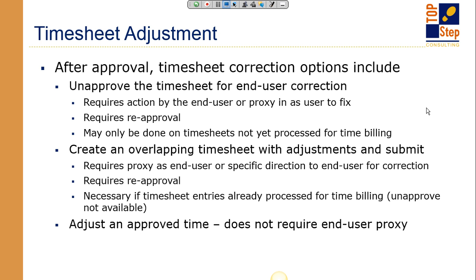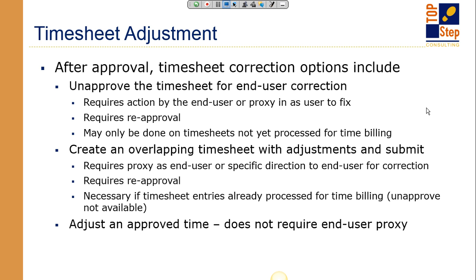You could create a second timesheet and say, okay, I'm going to put negative hours on this day for this project and put positive hours for this day. At the end of the day, the amount of hours on the timesheet is generally equal to 0, but it creates negative and positive amounts. And again, this generally requires you to proxy in as the end user and enter the information for them, and it does require reapproval once you do it.